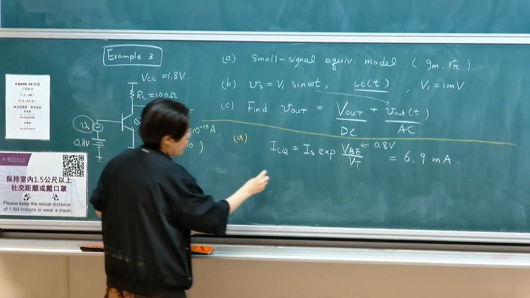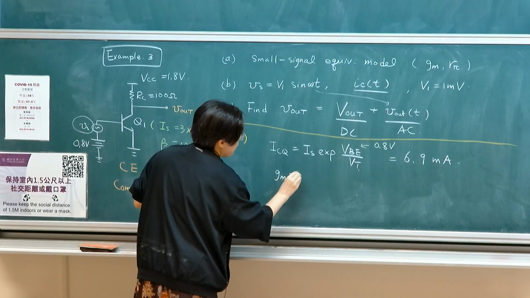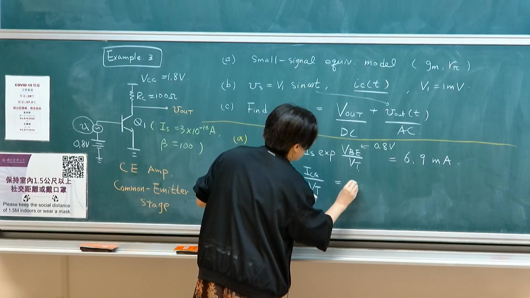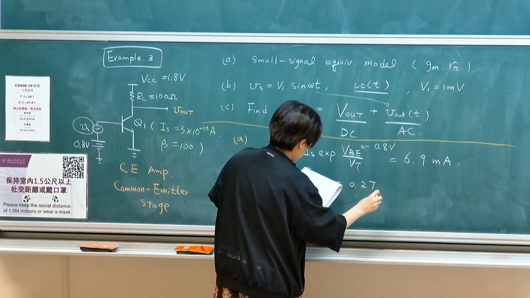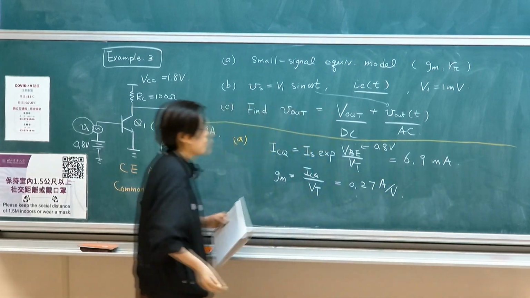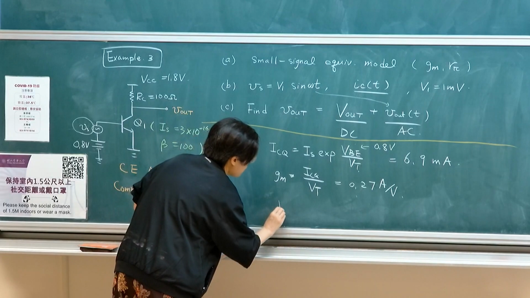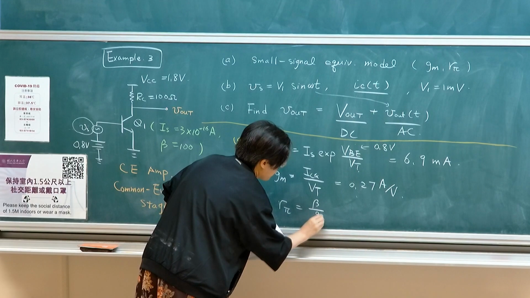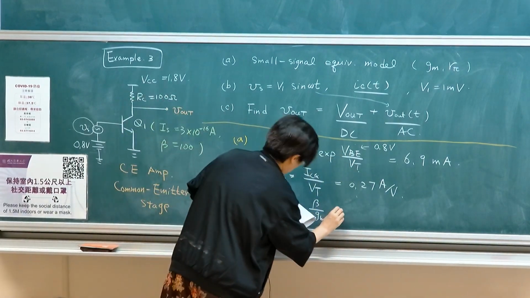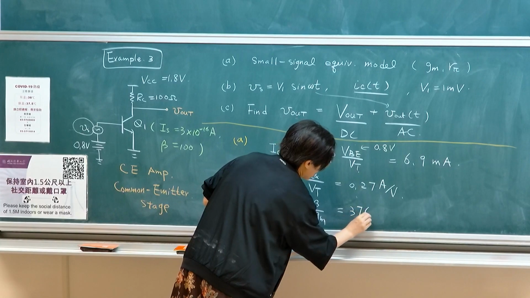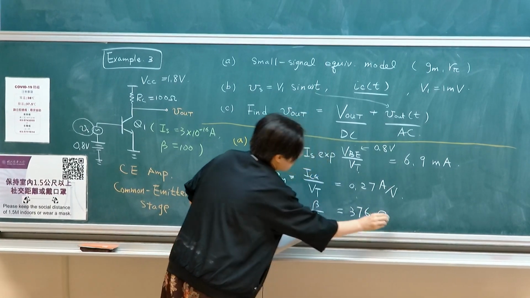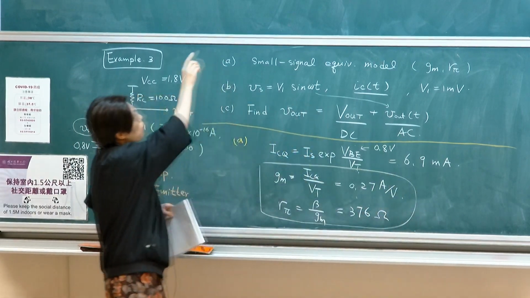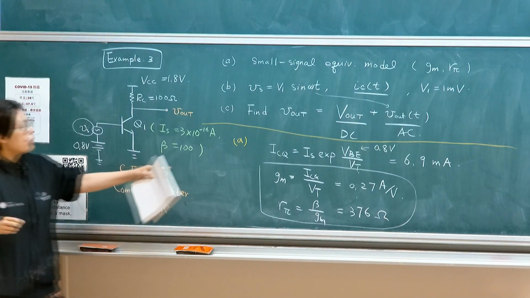So GM will simply be ICQ divided by VT, and this is about 0.27 amp per volt. Okay? And then simply R pi will be beta over GM. We're just going to follow the equation, and this will give us about 380 ohms. So once we have these two parameters, we can use them in our model. So that's our model and these parameters.